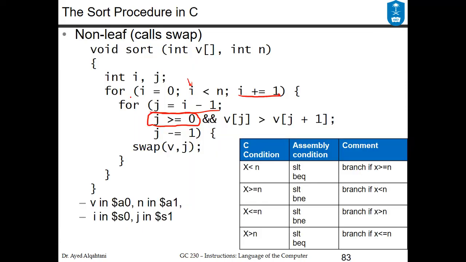Now notice that we have 2 conditions here. This is the first condition, and this is the second condition. If this condition is not satisfied, or false, you go out of the for loop. Or if this is not true, you get out of the for loop.